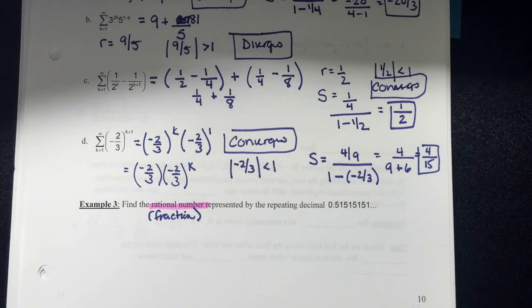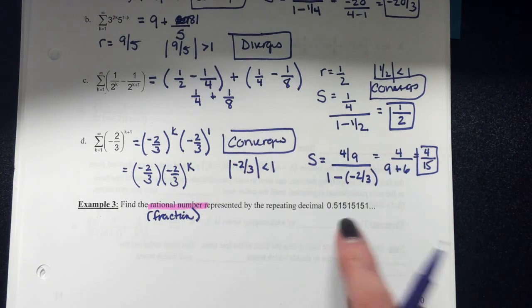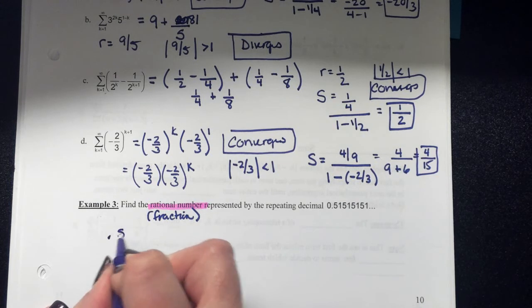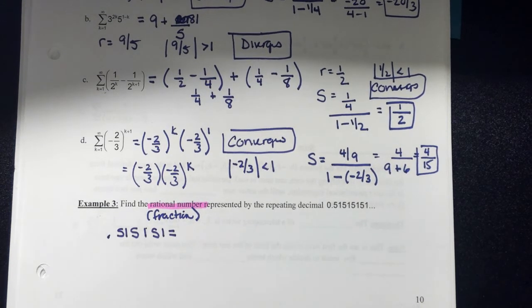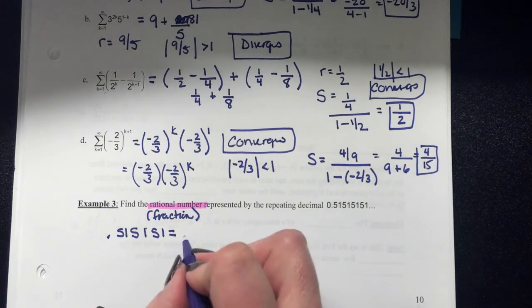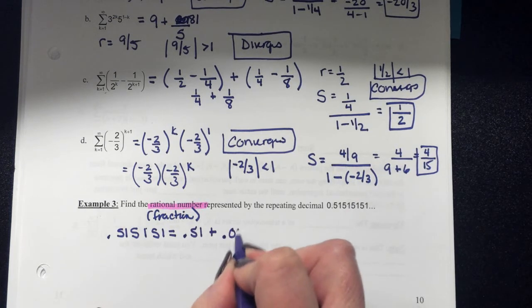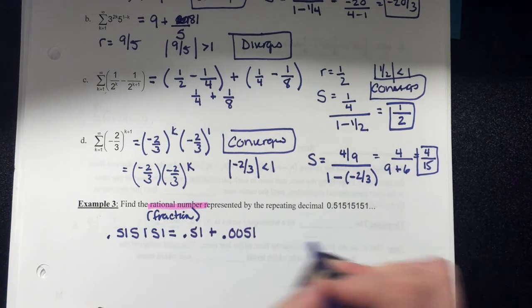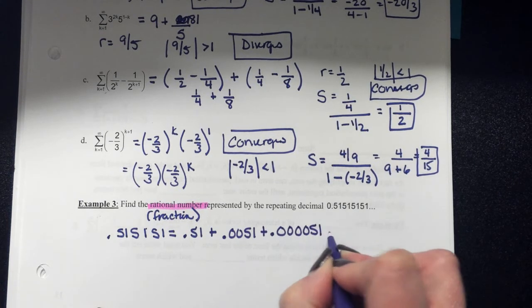Repeating decimals are actually an infinite geometric series. So in other words, I can take this repeating decimal and break it up into a sum. I can write this as 0.51 plus 0.0051 plus 0.00051, etc.